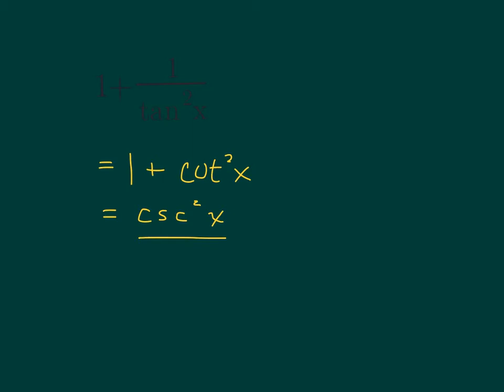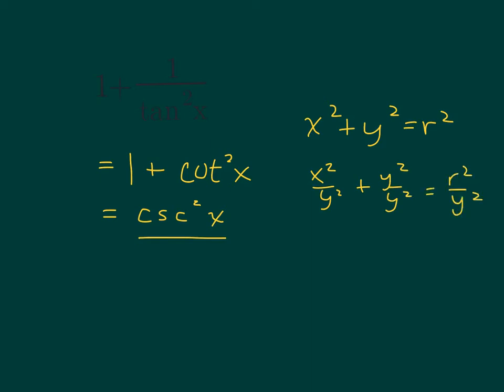A quick refresher on that, if I've got x squared plus y squared equals r squared, in this particular case, if we divide each of the terms by y squared, which, dividing both sides of the expression by the same thing doesn't change anything.